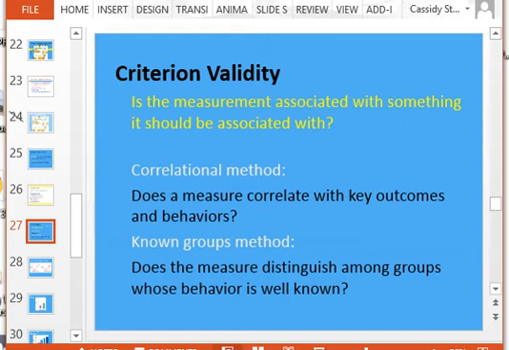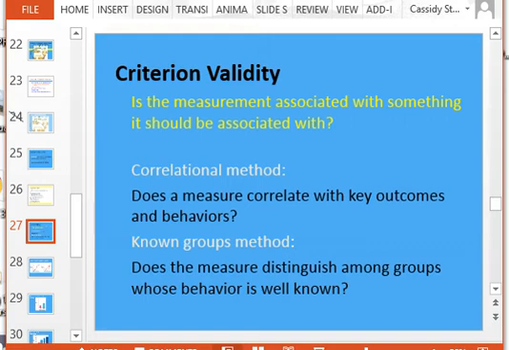Now, if the person scores very highly on my test, and then I go and observe the individual, and they're frowning, they sigh a lot, their movement is very slow, they don't laugh very often, they don't have many friends, then there's probably something wrong with my survey, because my survey says they're happy, but when I go and observe their behavior, it doesn't look like they're happy.